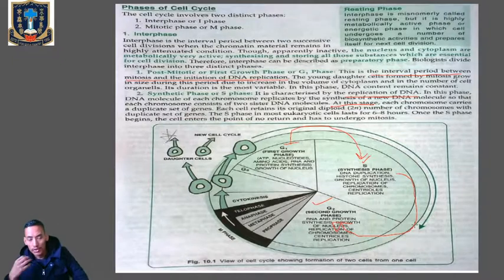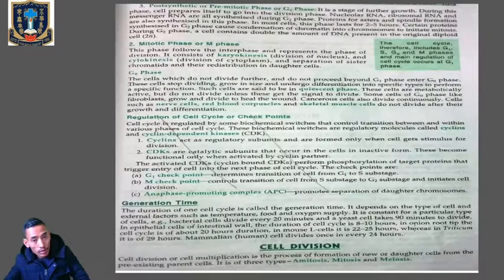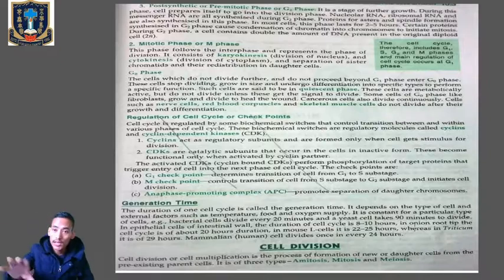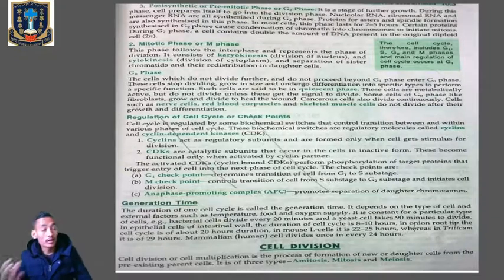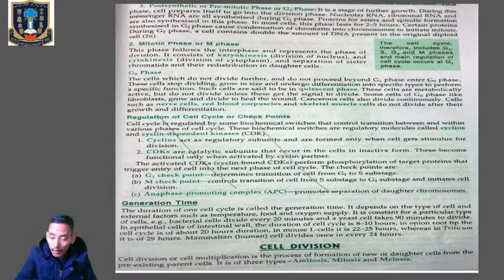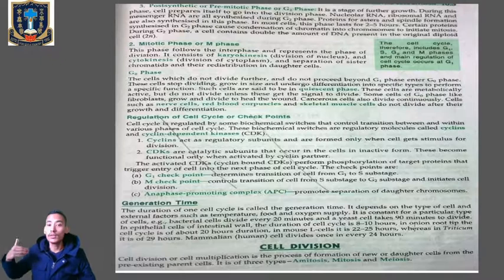Then from the S phase the cell enters the G2 phase, where further growth of the cell occurs because it has to enter the cell division phase. Here the proteins for aster formation and spindle fiber formation will be synthesized. rRNA, mRNA, and nucleolar RNA will also be synthesized. So the cell is preparing itself to enter the cell division phase.